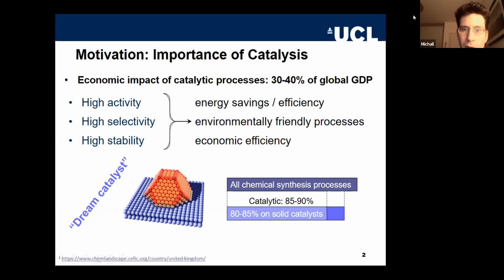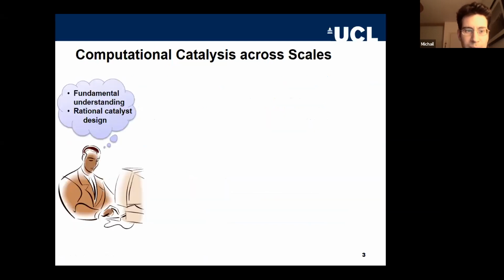So all of these things are quite important from a practical standpoint, but the question of finding this dream catalyst is not trivial. So what we're doing in my group, we really adopt this rational catalyst design paradigm.